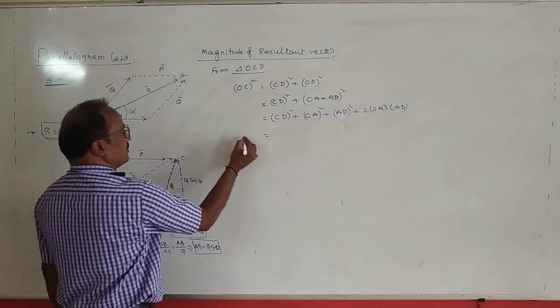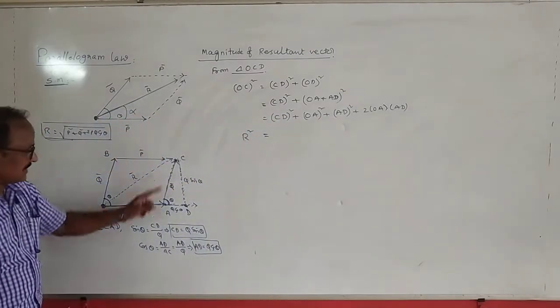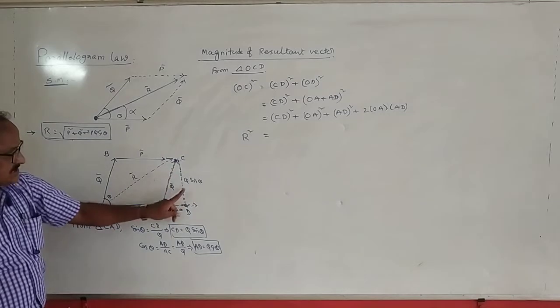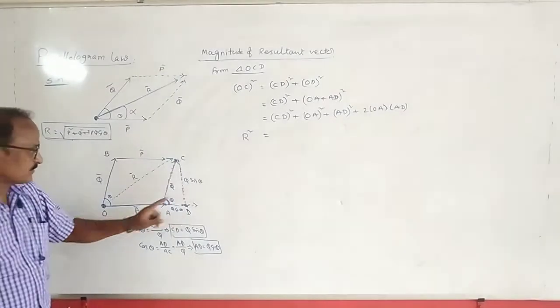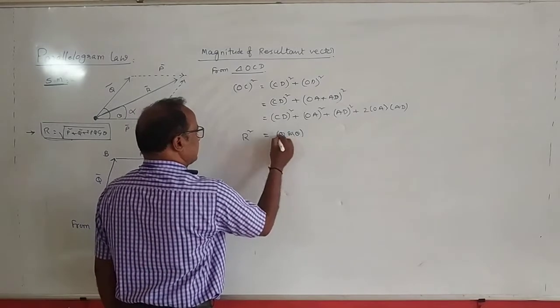That means R square is equal to CD square plus OA square plus AD square plus 2 OA AD. What is the value of CD? CD is equal to Q sin theta. So CD square is equal to Q sin theta whole square.